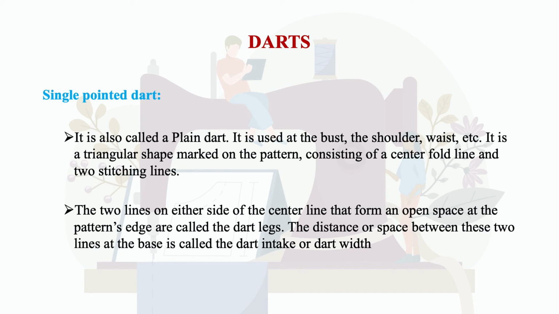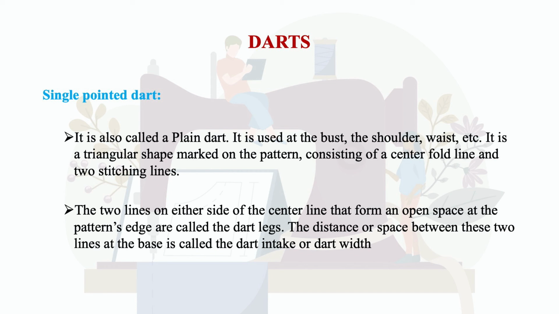The distance or space between these two lines at the base is called the dart intake, meaning how much the dart takes in. So this is how we construct the single pointed dart.